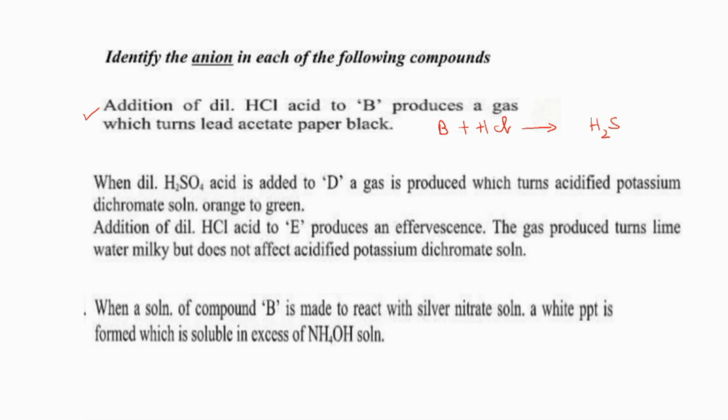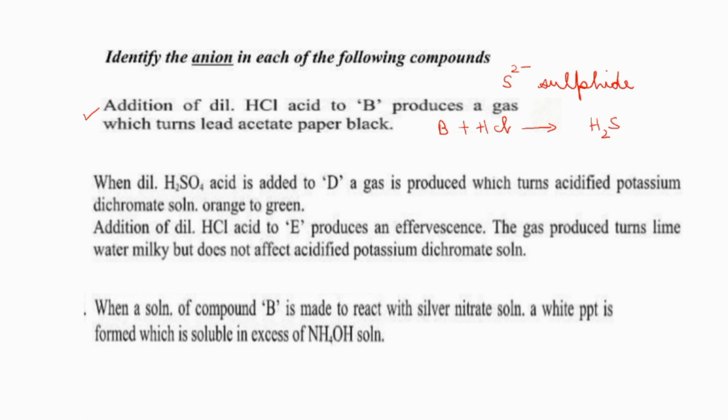If dilute acid is added to something, it is producing hydrogen sulphide gas. So this salt will be containing which anion, they are asking. So how will you write? It should be either sodium sulphide, iron sulphide or potassium sulphide. But the anion present in that should be S2 minus ion. This is sulphide. Got it? You should write it like that.